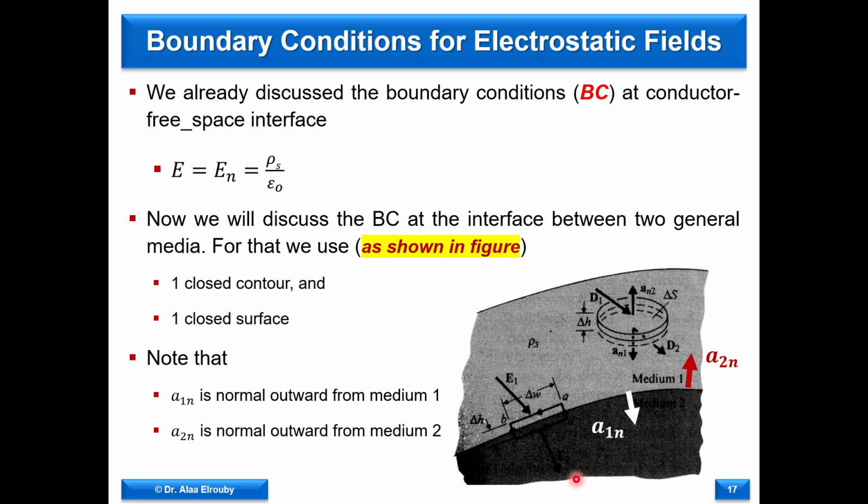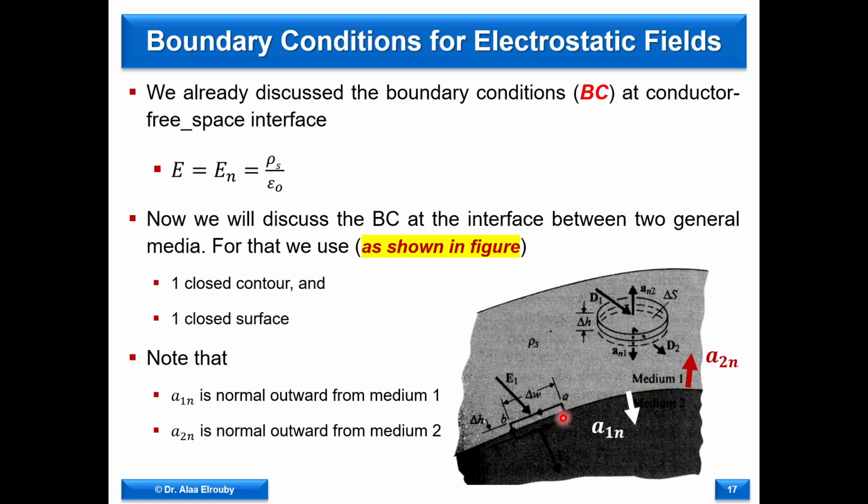In order to develop those boundary conditions, we would use two geometries. The first one is a closed surface, like a cylinder of very small height with the axis normal to the boundary, and the second is a closed contour like a rectangle.